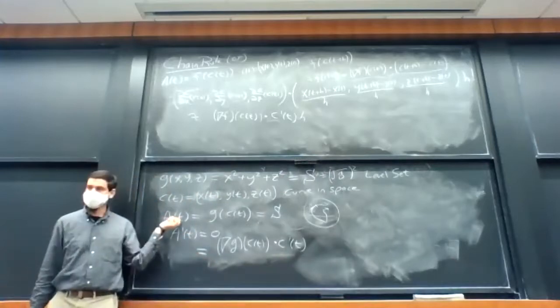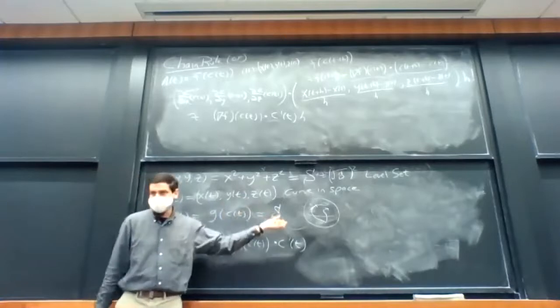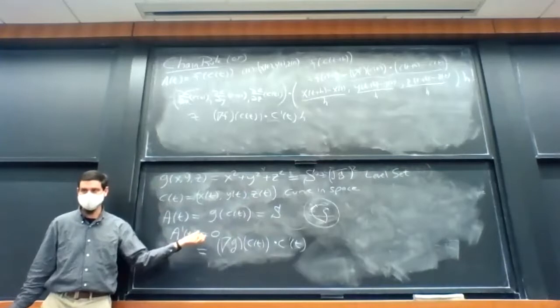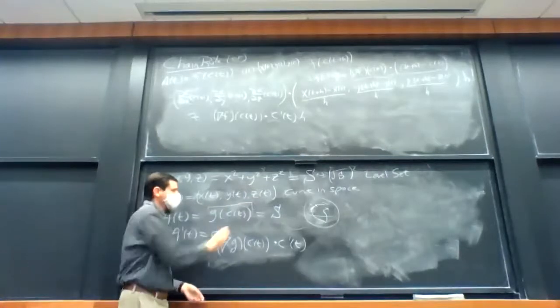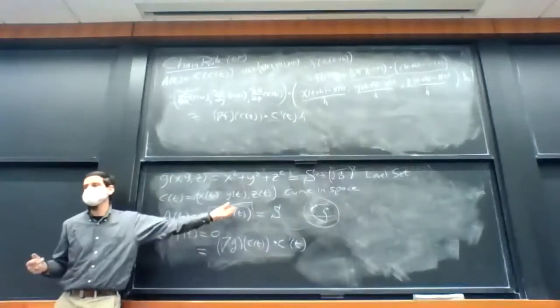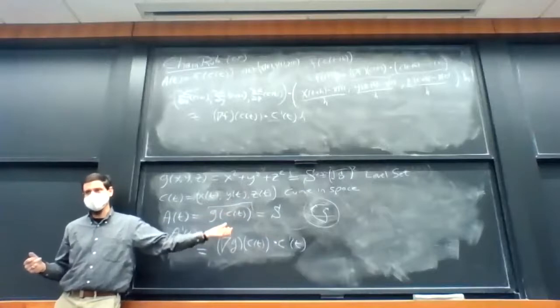I've calculated a prime two different ways. One way is, look, a of t equals s, so a of t is always s. The derivative with respect to t is 0. The other way is I'm taking the derivative of this with respect to t, and that involves looking at g of c of t plus h minus g of c of t, divided by h, in the limit.